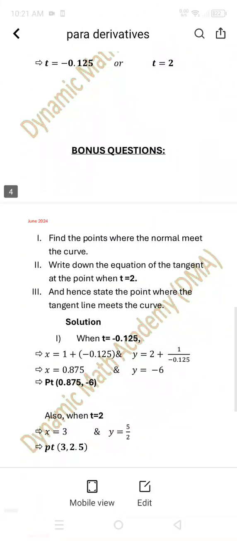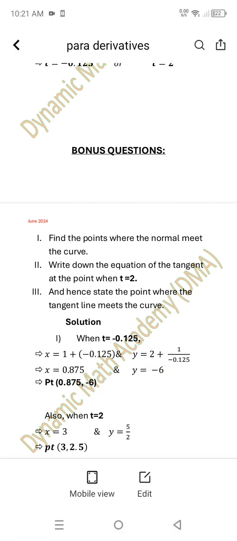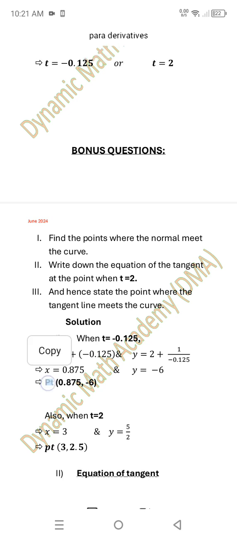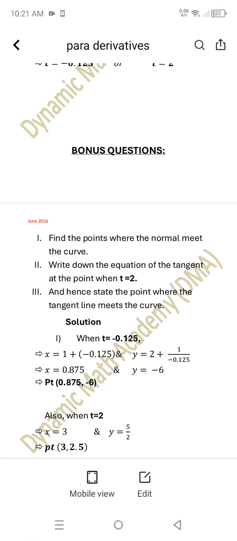That's it. We're going to have our x equal to this and our y equal to negative 6. Meaning that when t equals negative 0.125, the point where the normal line meets the curve will be at the point 0.875 comma negative 6.